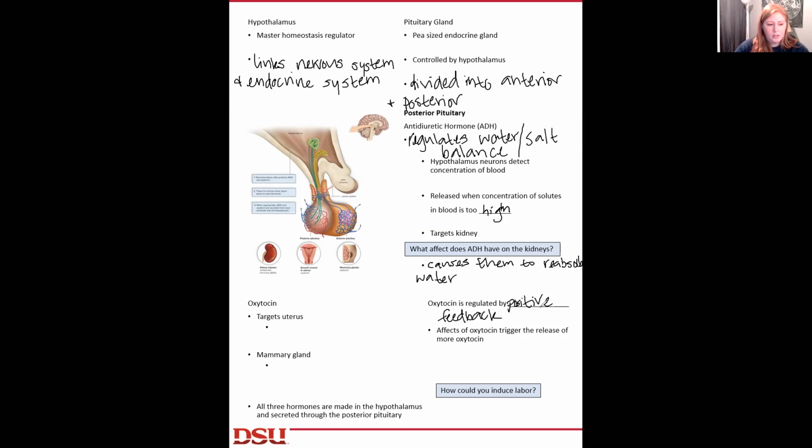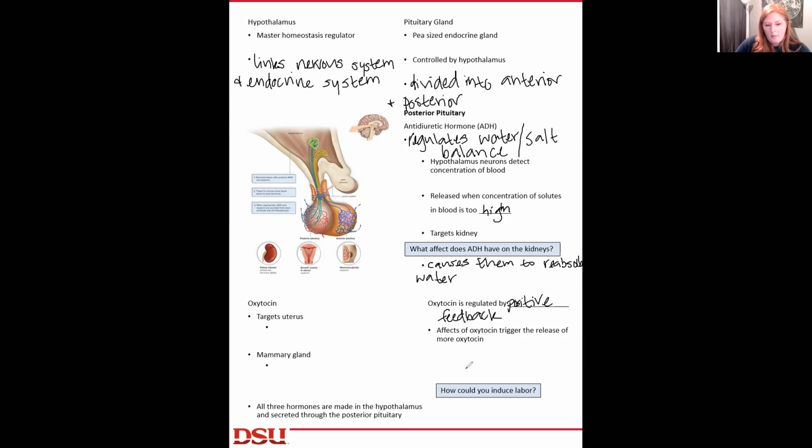And oxytocin causes uterine contractions, and those contractions are going to thin out the cervix to the point that the baby can pass through it. And that's why it's a positive feedback, because as oxytocin is released, it causes the cervix to thin, the baby's head keeps pressing on the cervix as it moves down, and more oxytocin is released.